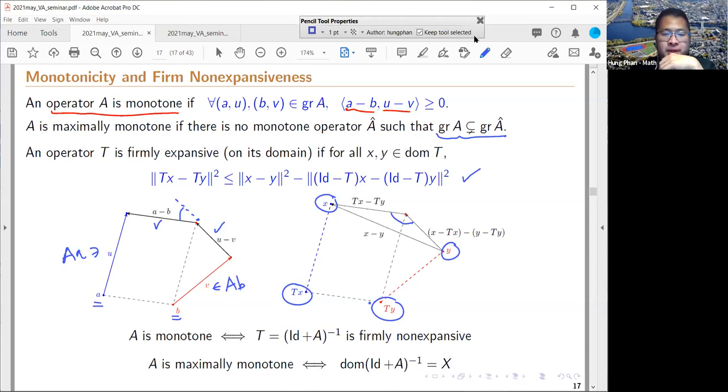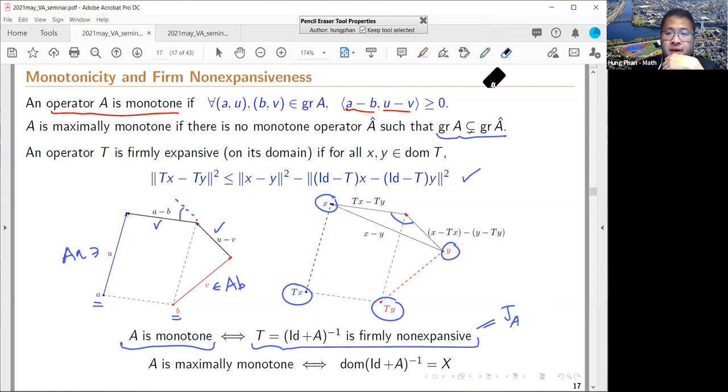So they are actually related by the following relation. A is monotone if and only if the inverse of identity plus A will be firmly non-expansive, which is the resolvent of A. Okay? And that will be part of the ingredients that we're going to use to prove the convergence for the Douglas-Rachford algorithm.